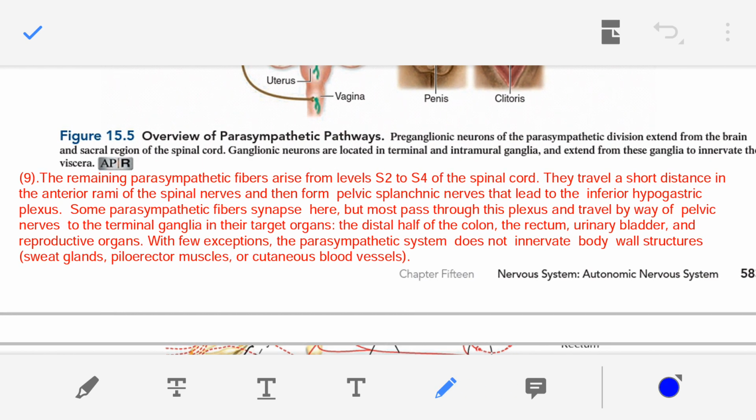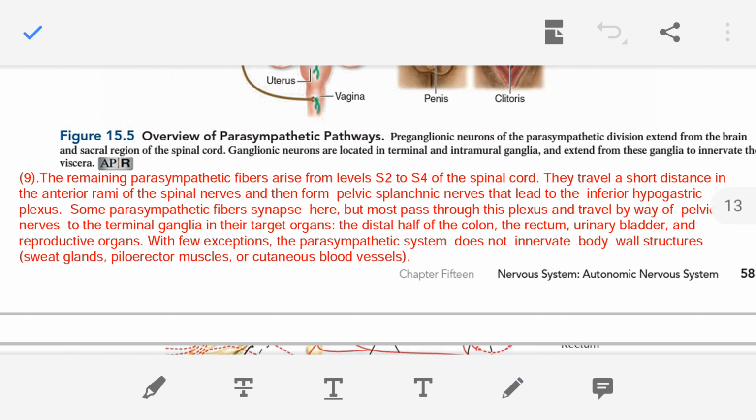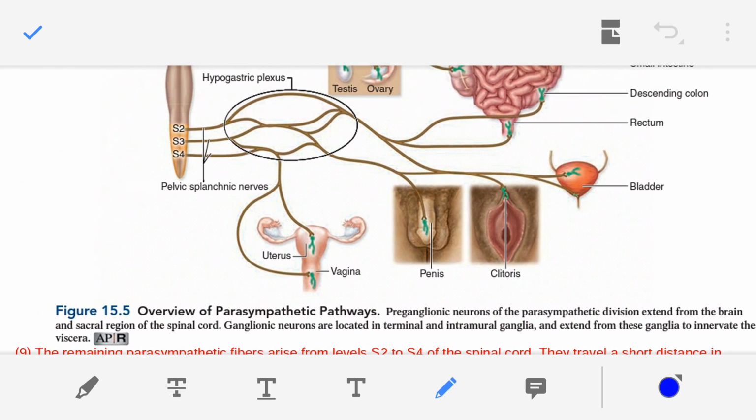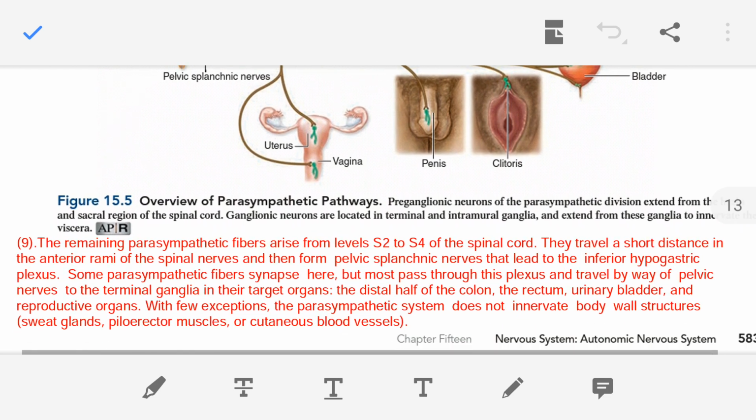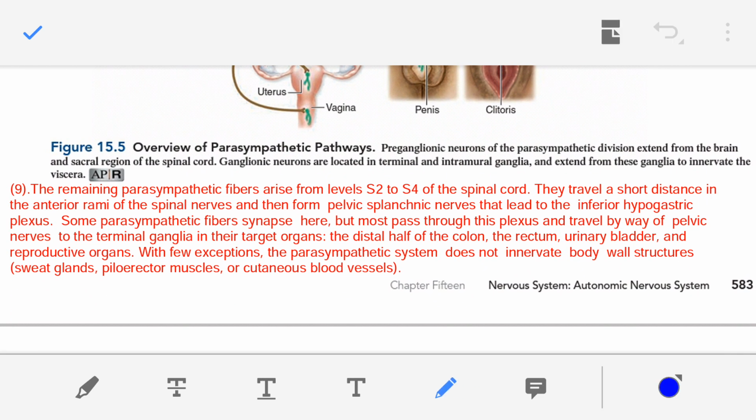The parasympathetic fibers travel a short distance in the anterior rami of spinal nerves, and after that they form the pelvic splanchnic nerve. So here you can see pelvic splanchnic nerves are shown. The pelvic splanchnic nerve leads to the inferior hypogastric plexus.